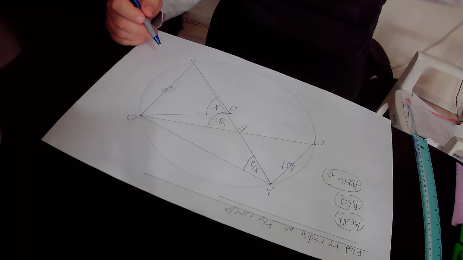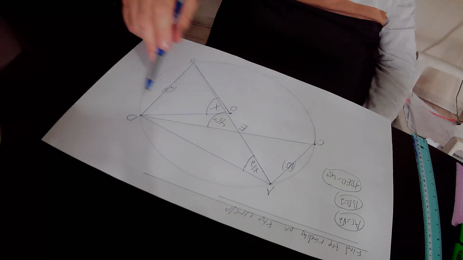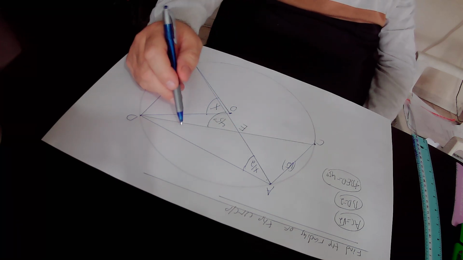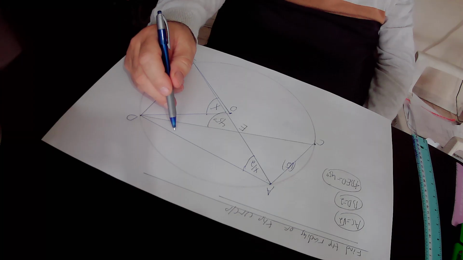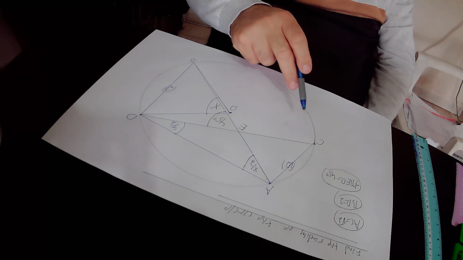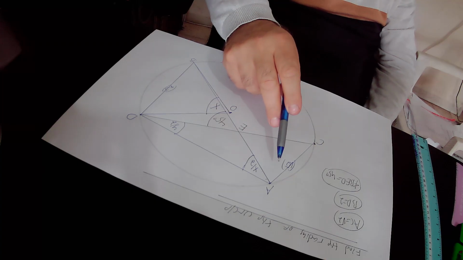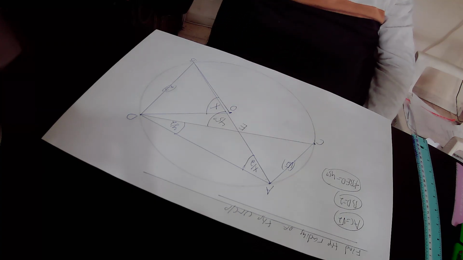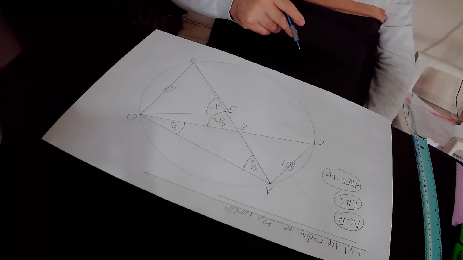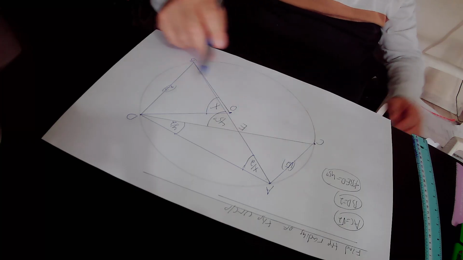In the next step, we will define the size of this peripheral angle ADC as y over 2 degrees. This is peripheral angle ADC that subtends on chord AC. So in the next step, we join points O and A together by a straight line.